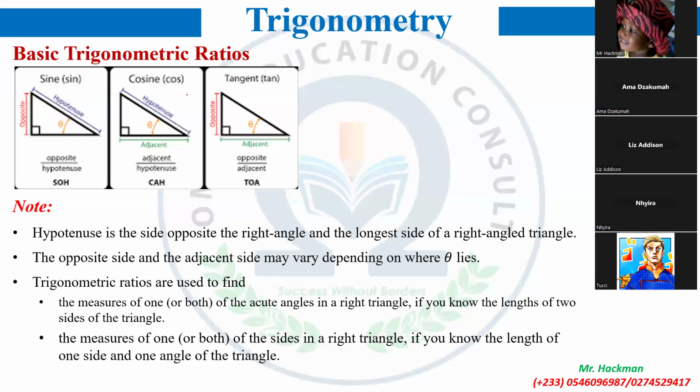Whenever we talk of the basic trig ratios, we have 3, which will be sine, cosine, and tangent. However, sine is written in short form as SIN, and please, it is still pronounced sine, not sin. Is that clear?